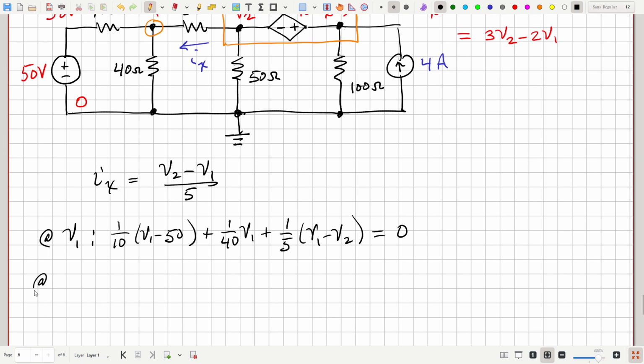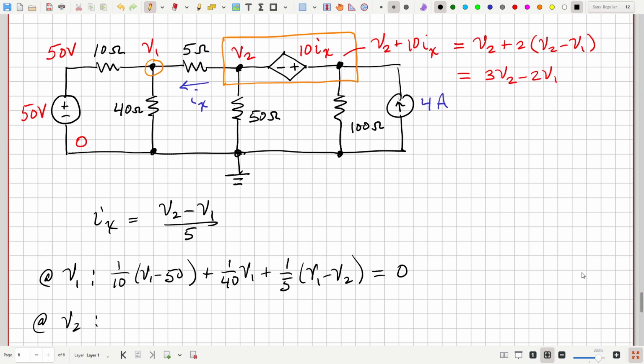Now at the supernode, what are our equations? Well, we've got 4 currents. This one, Ix, that one going down, this one going down, and that one going to the right. This one to the left, that's just Ix, that's V2 minus V1 over 5. Going down here, V2 minus 0 over 50, so 1 over 50 times V2.